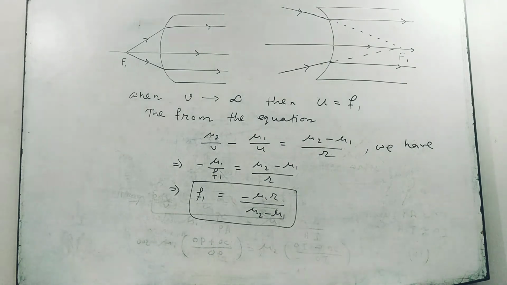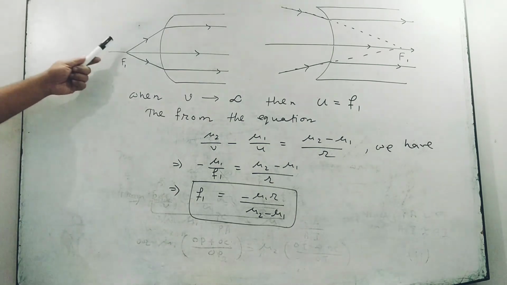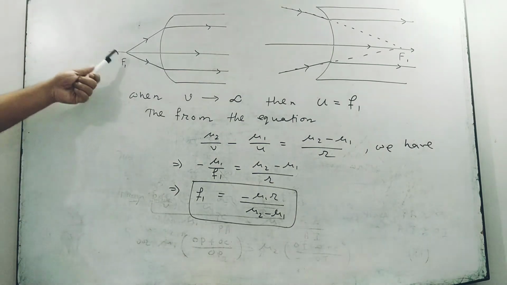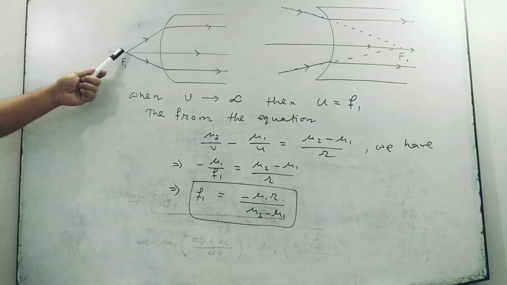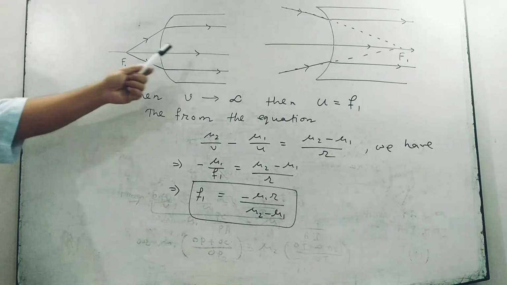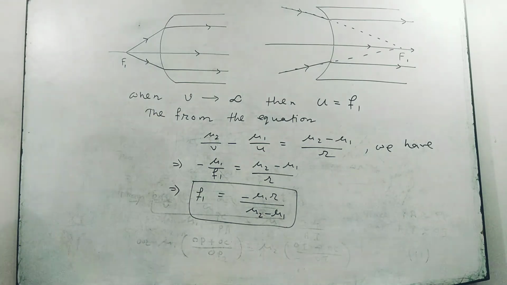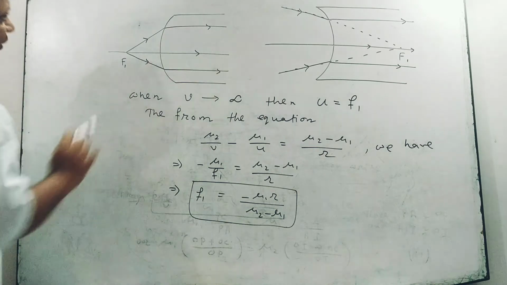Now we are going to find out the first focal length. From the definition of first focus we know that when the object is placed at the first principal focus on the principal axis of the refracting surface, then the image is formed at infinity.